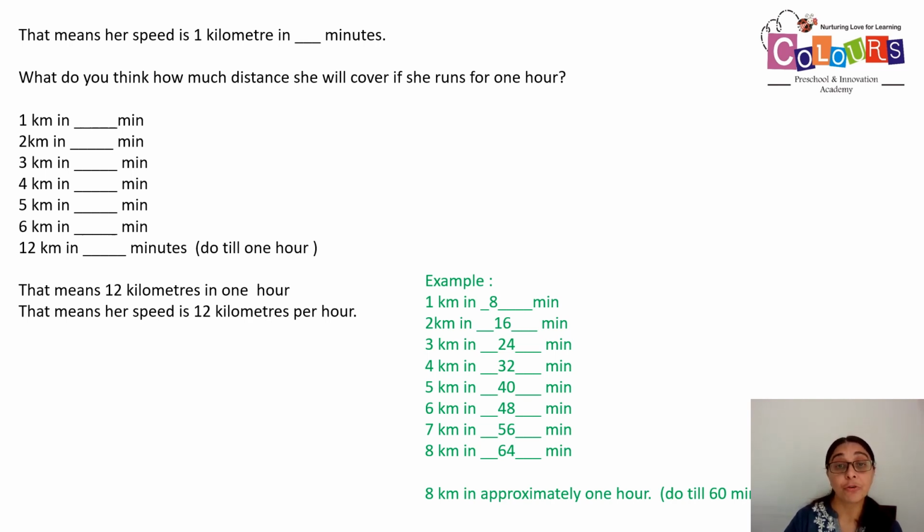So now for the grade, whatever is your time taken for 1 kilometer, from that find out for 60 minutes how many kilometers your child is running, and that is your child's speed.